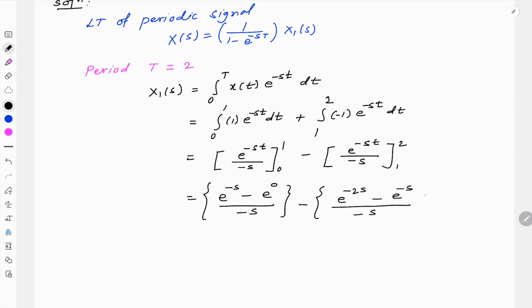divided by minus s. So let us simplify it further now. e raised to minus s minus e raised to 0 is 1. Both the denominators are minus s, so let us combine all the terms. So minus e raised to minus 2s, minus minus becomes plus e raised to minus s, whole divided by minus s.